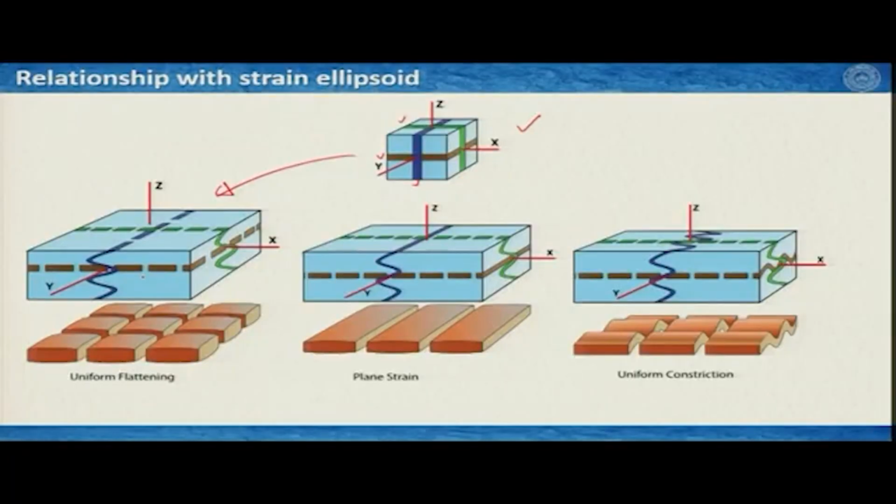If that happens, then this brown layer, because it is flowing perpendicular to the z section, would get Boudinaged along the x direction and also along the y direction. Therefore, this layer would produce two sets of Boudinage, and this is known, as we have learnt, as chocolate tablet Boudinage.